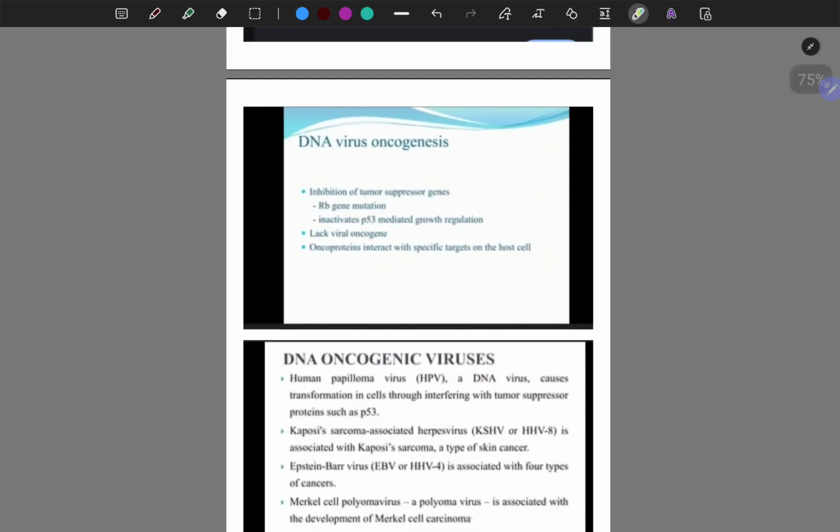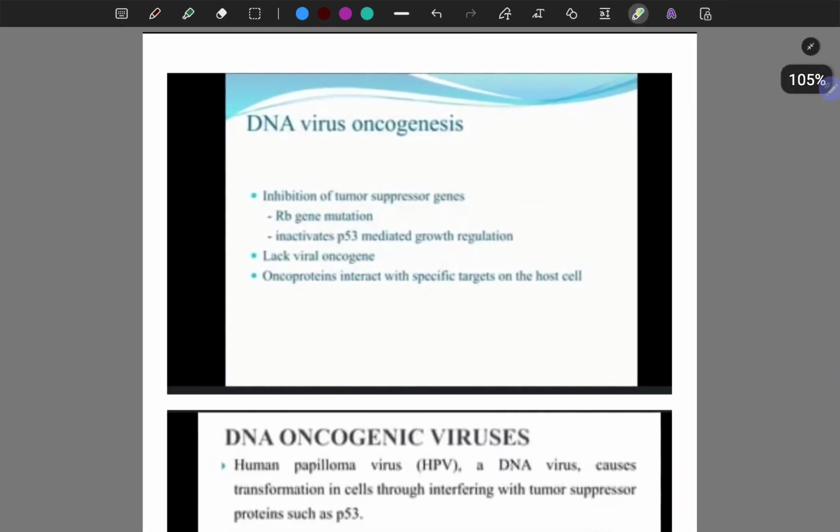Right. So there are certain viruses that contribute to oncogenesis. In this, I want you to remember 3 points. First, the name of the virus and what cancer it will cause. As far as we know, human papillomavirus will cause genital warts and it may cause cancer.